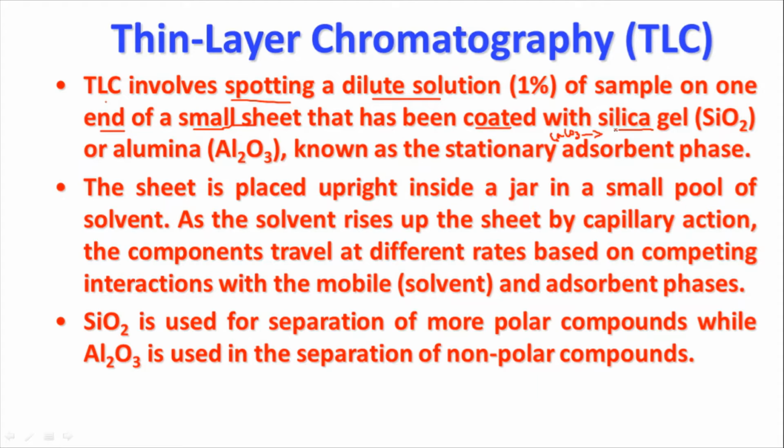This adhesive property helps the activated silica gel stick to the glass surface or plastic surface. Without the addition of calcium carbonate, the silica gel is easily broken down from the surface of the glass plate or plastic plates. So the silica gel with added calcium carbonate is called silica gel G.